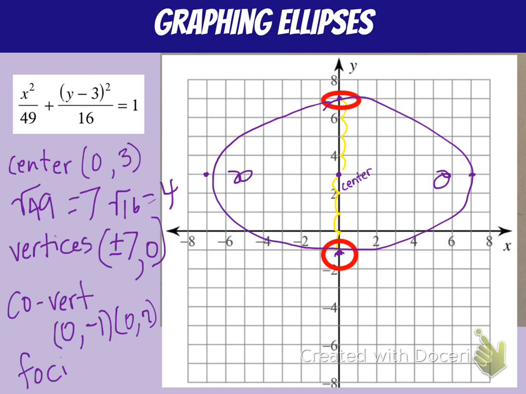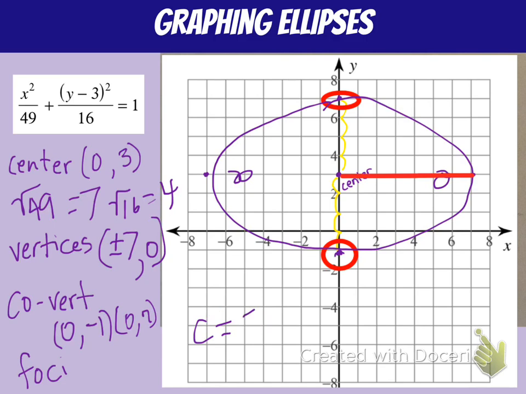So I'm going to use now my equation. I'm going to take the half of the major axis, which I can see already is 7, and I know that c squared, or the foci, is going to be equal to 7 squared.